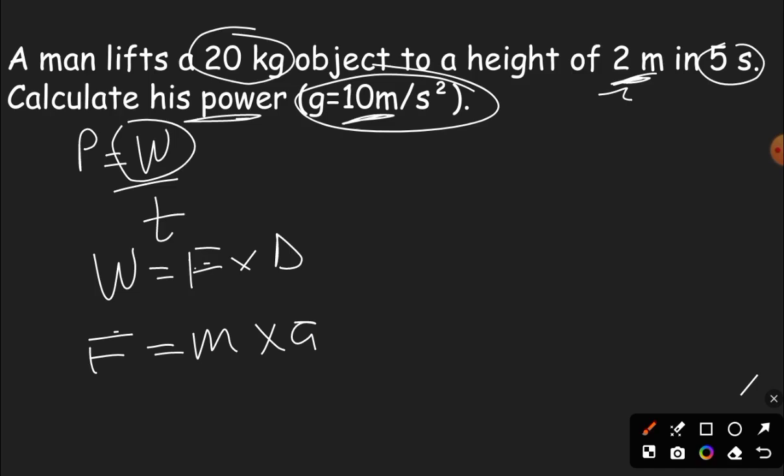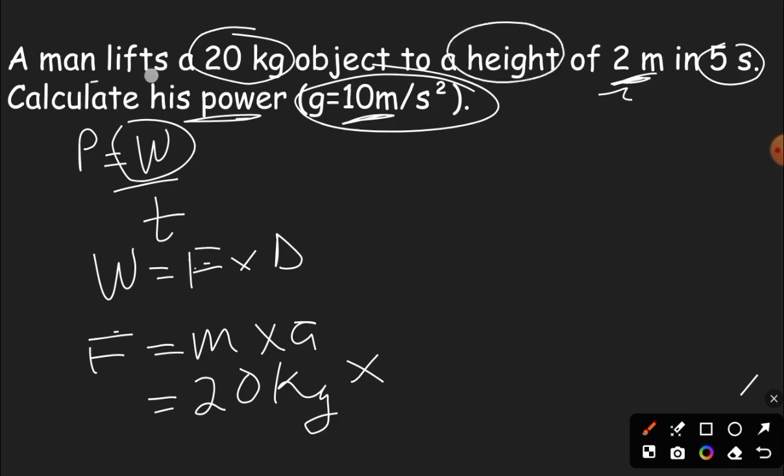So your mass is 20 kilogram multiplied by acceleration due to gravity. Why is acceleration due to gravity being used here? Acceleration due to gravity is being used here because the man lifts the object to a height. So anytime you are reading the question, you have to know what's actually going on. You are not just looking for numbers to input into formulas and then just compute.